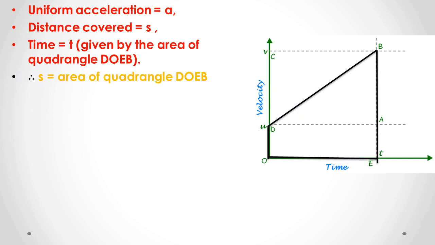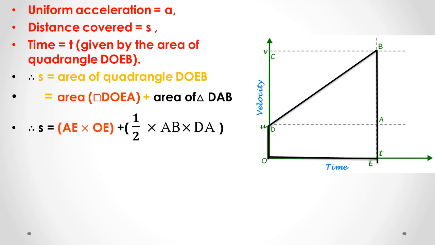Now again S is equal to the area of rectangle DOEA plus the area of triangle DAB. Here this is the area of rectangle DOEA, and this is the area of triangle DAB. So quadrangle is equal to rectangle plus triangle.